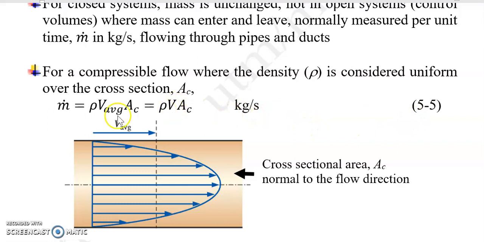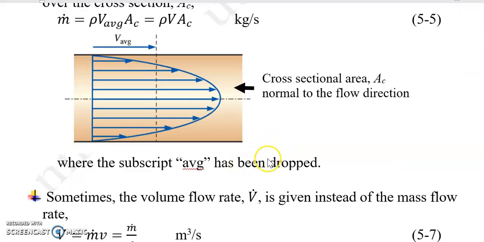Now, the V is V average, which we will drop from here onwards, because actually in channel flow, the velocity varies along the radius of the channel, especially close to the entrance region. So we assume that V is average over the channel cross-section, pipe ducts.